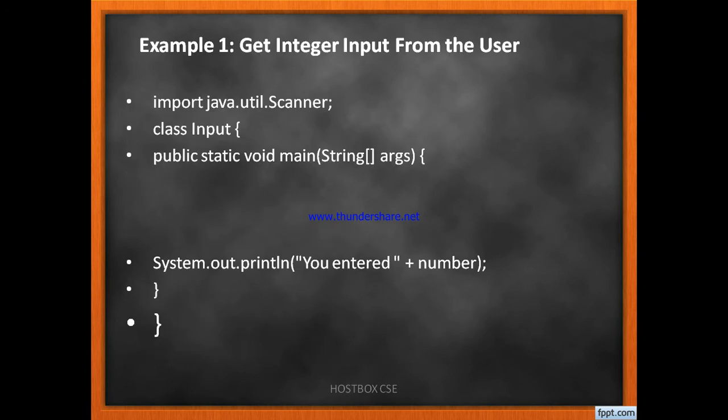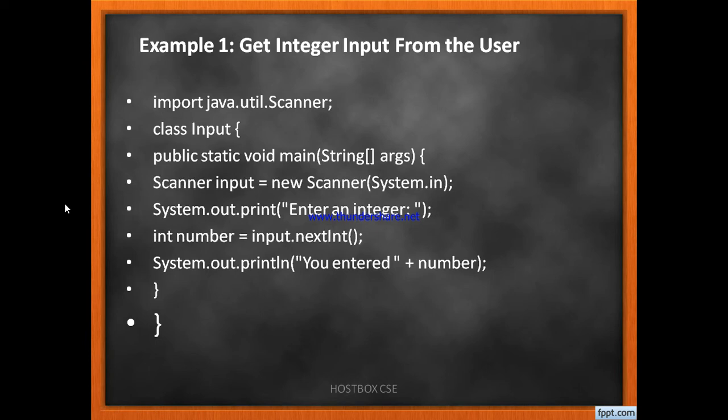The first program gets integer input from the user. First step, in every program add the package, import java.util.Scanner, and only then is the Scanner function supported. Then write the class and the syntax: System.out.print("Enter an integer"); then int number = input.nextInt(); then System.out.println("You entered " + number). Whenever it reaches input.nextInt, it gets the input from the user.